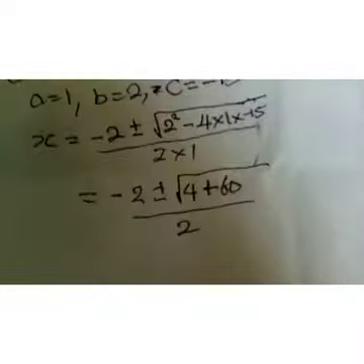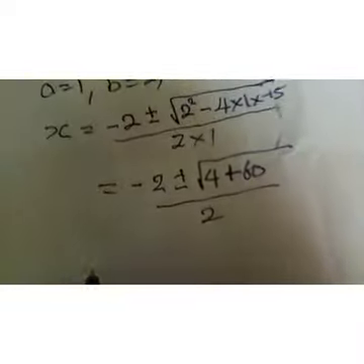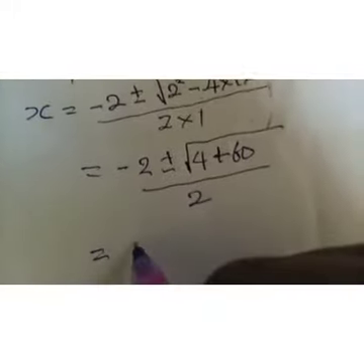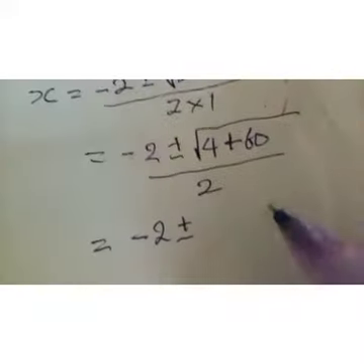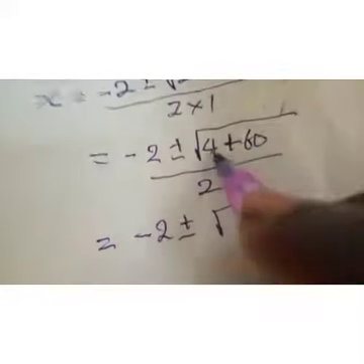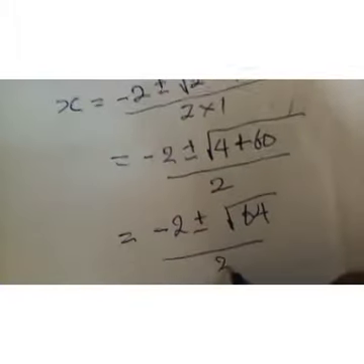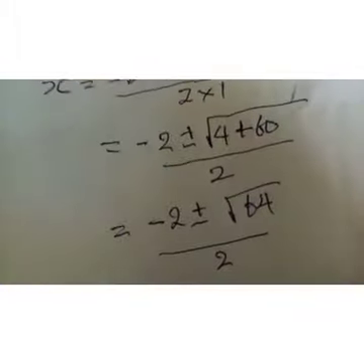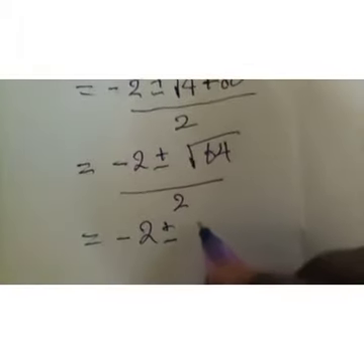Here we have x equals negative 2 plus or minus the square root of 4 plus 60, which is 64, all over 2. And the square root of 64 is 8, so it will be 8 all over 2.